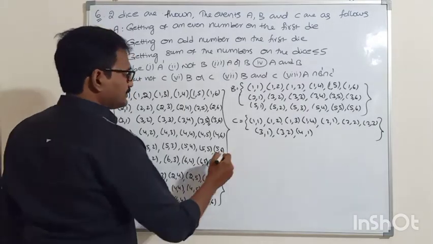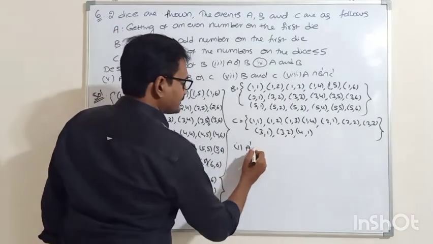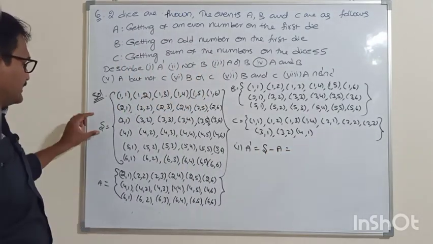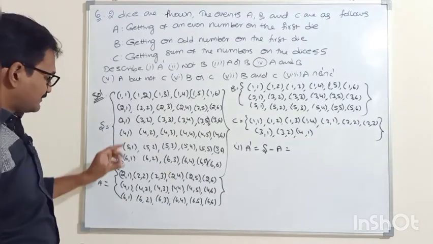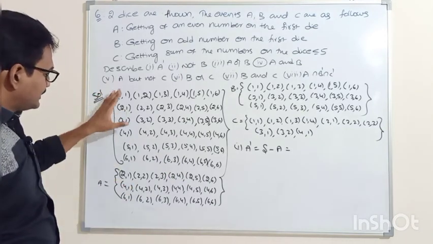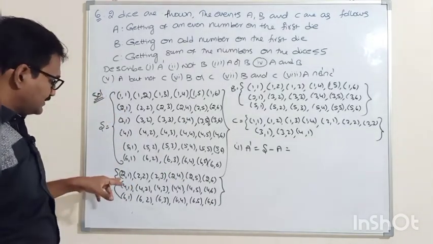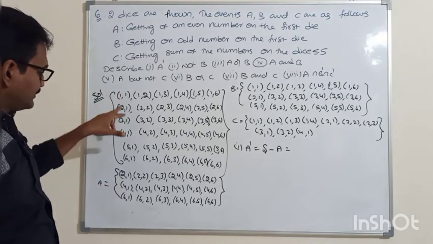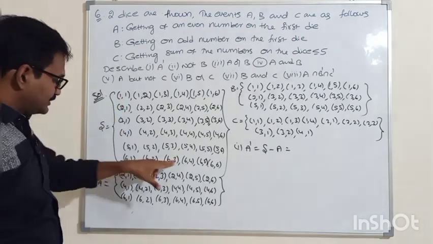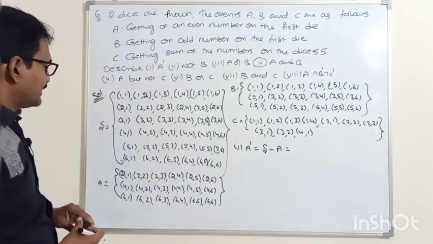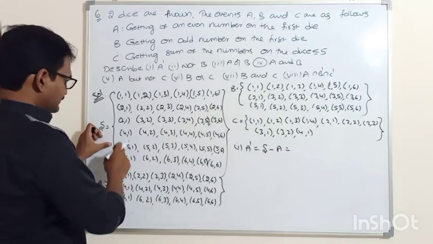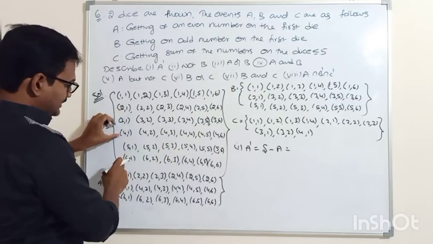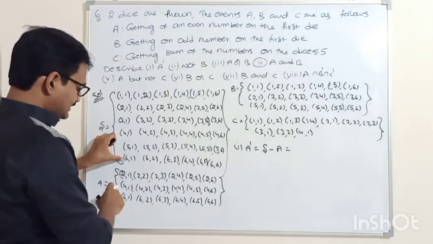First question, describe A dash. A dash means S minus A, sample space minus A. So this is the sample space. From this, if you remove A, where the first coin shows an even number, then you will get B. So 2,1; 2,2, all these sample points get cancelled, and all these sample points get cancelled.